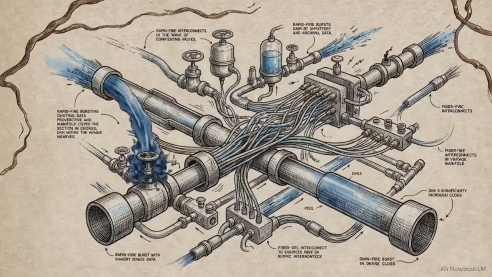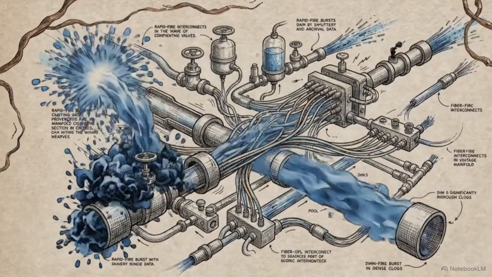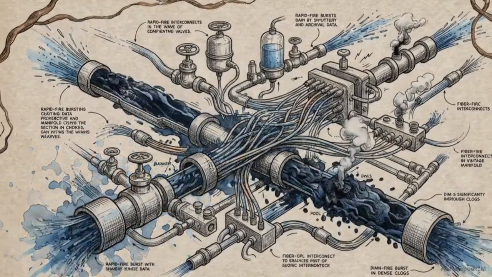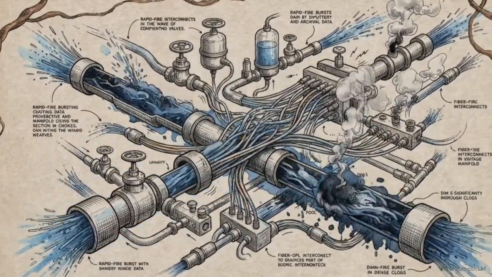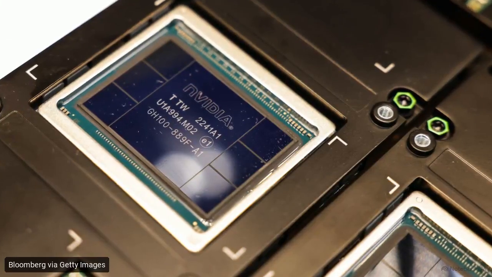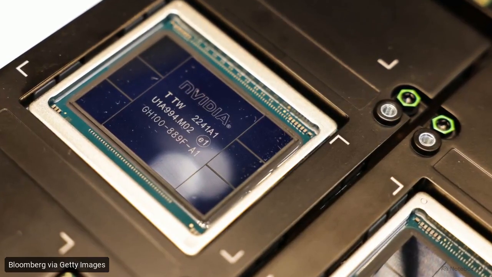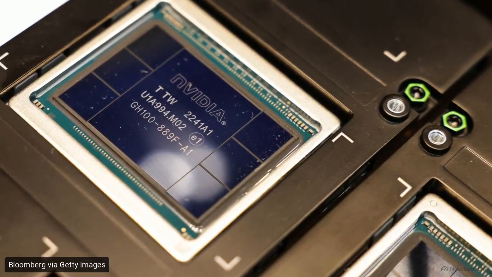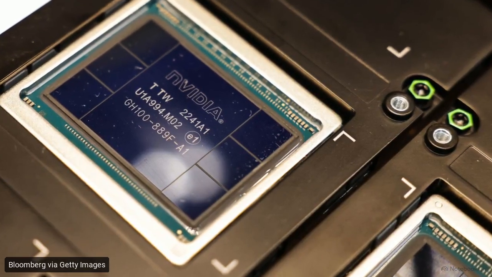While FSDP overcomes the memory wall, it generates a massive volume of network traffic. Without the correct hardware to support these communication spikes, training stalls. Inside the node, NVLink 4.0 provides 900 gigabytes per second of bandwidth. This is the physical engine that makes tensor parallelism possible.